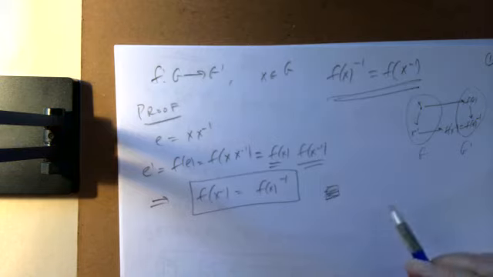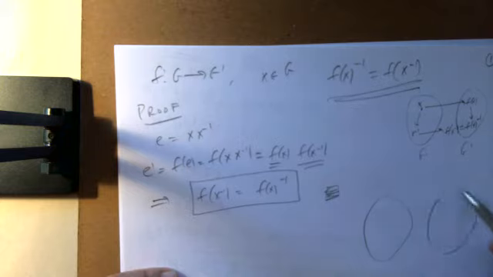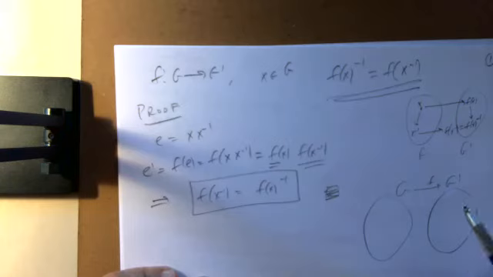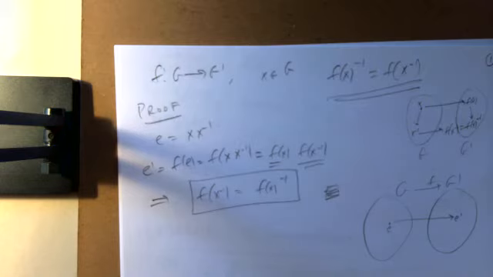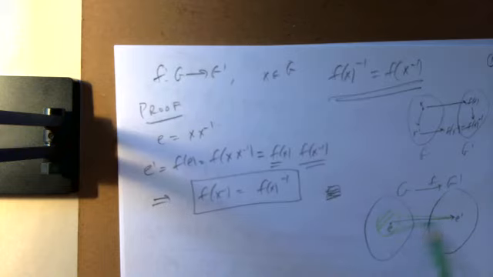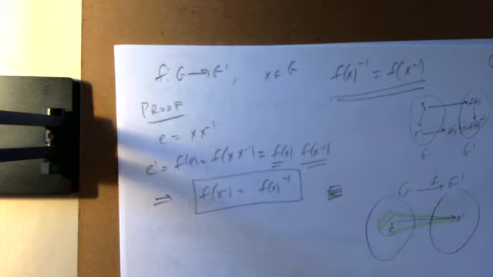Now, again, this is just repeating what we did on Monday. This is G and this is G prime, and I have this function f from one to the other. I know the identity gets mapped to e prime, but it could be that there's other stuff that gets mapped to e prime. It could be that there's a whole set of elements in G, and they all get mapped to e prime. And that set of elements is called the kernel.